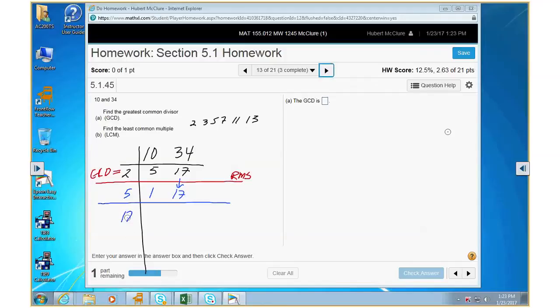So 17, 1, and 1. So this is your least common multiple. Now, the good thing about this is 2 times 5 is 10, and 10 times 17 is what? 170. So your least common multiple is 170, and your greatest common divisor is 2.